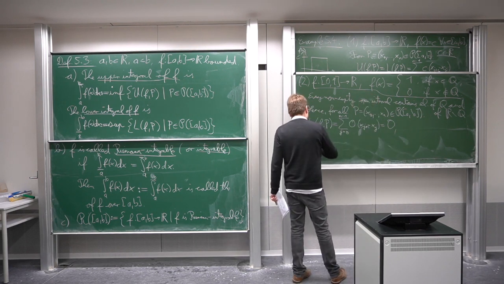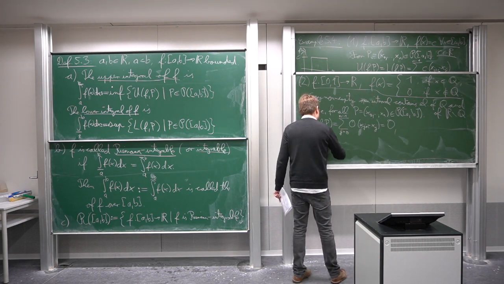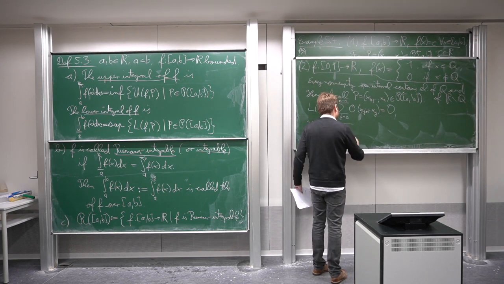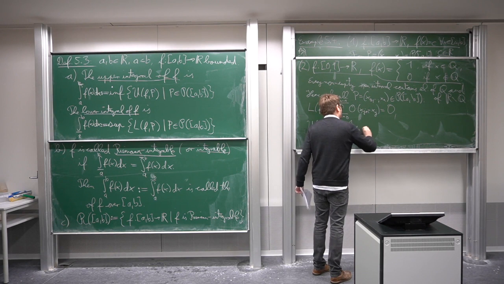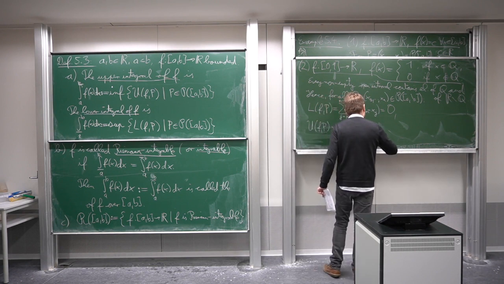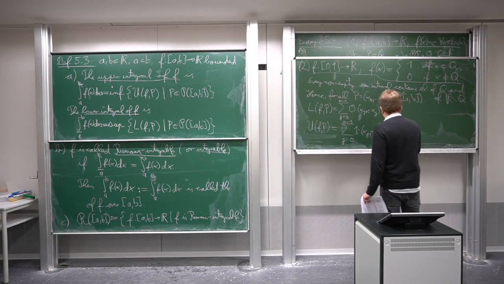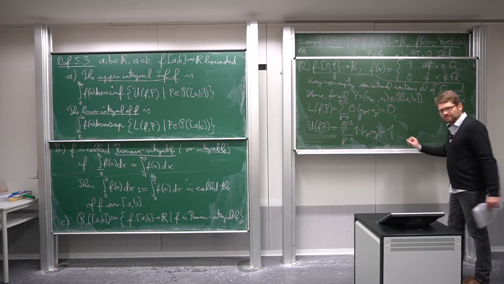But U(f, P) always takes the supremum, which means this is the sum of 1 times (x_{j+1} minus x_j). This is again a telescopic sum, the difference of the endpoints of the interval, 1 minus 0, so it's 1.